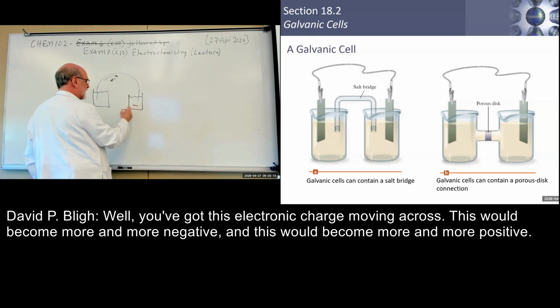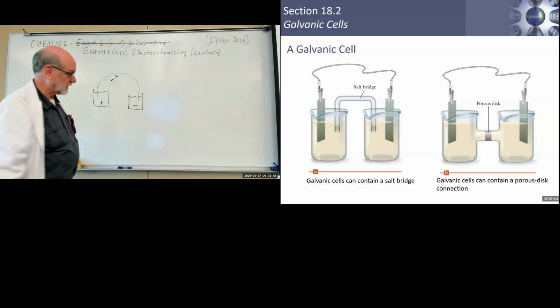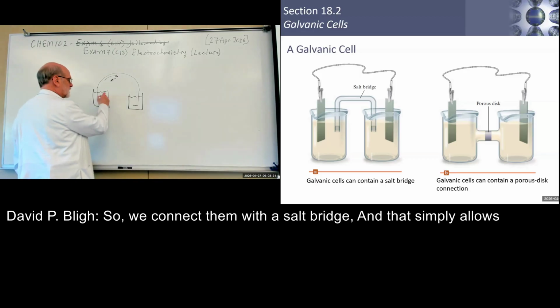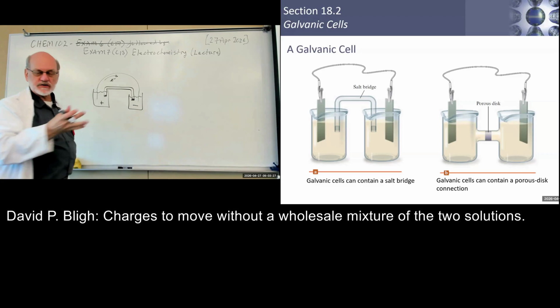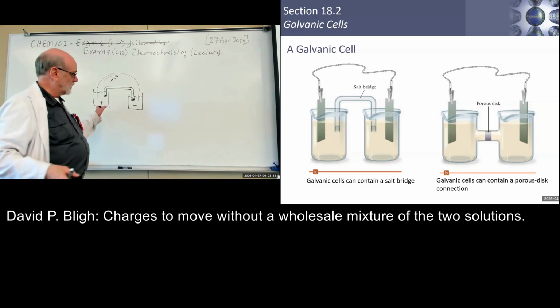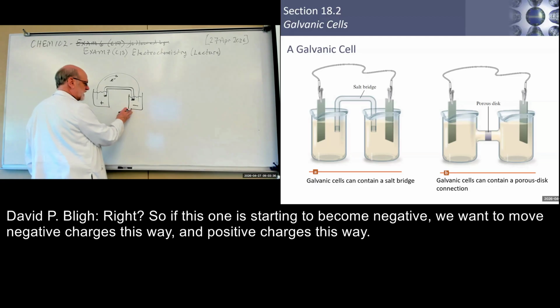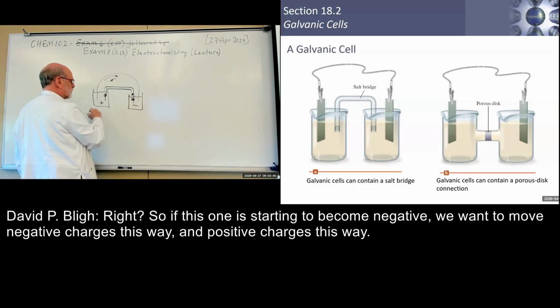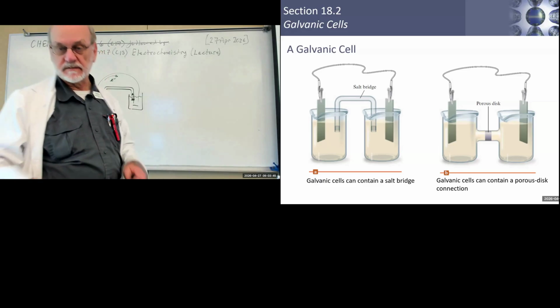This would become more and more negative, and this would become more and more positive, right? And we don't do that. So we connect them with a salt bridge, and that simply allows charges to move without a wholesale mixture of the two solutions, right? So if this one is starting to become negative, we want to move negative charges this way and positive charges this way to keep things balanced.